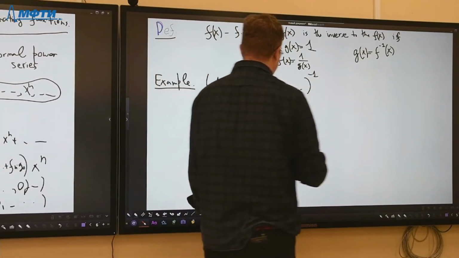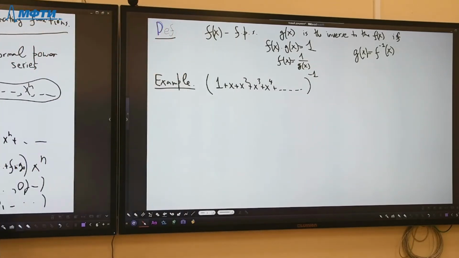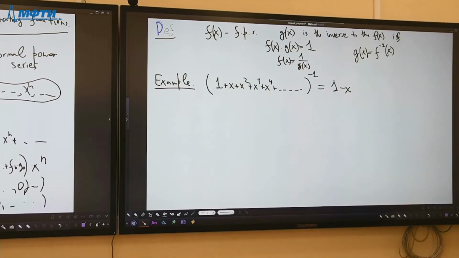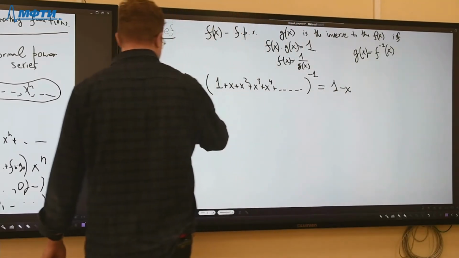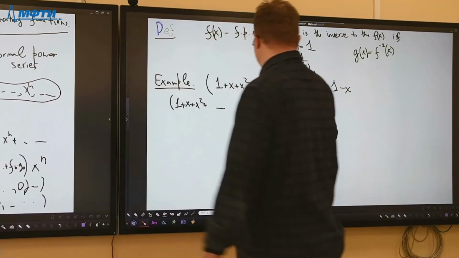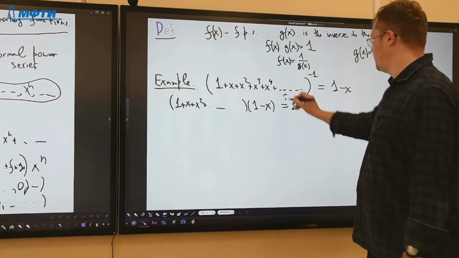So how can I find the inverse of this formal power series? Does someone have an idea what the answer should be? Yeah. If you take minus 1, I just take 1 minus x. If I want to prove it, I just need to calculate the product and check if it is equal to 1.